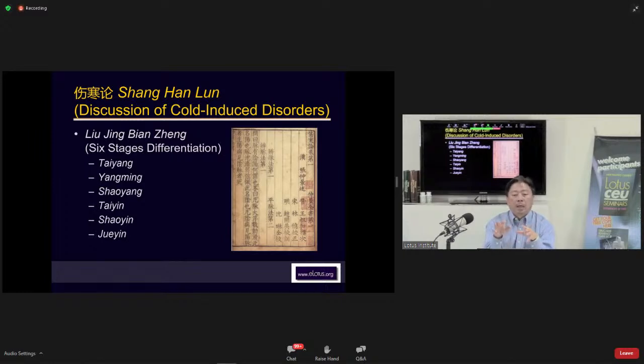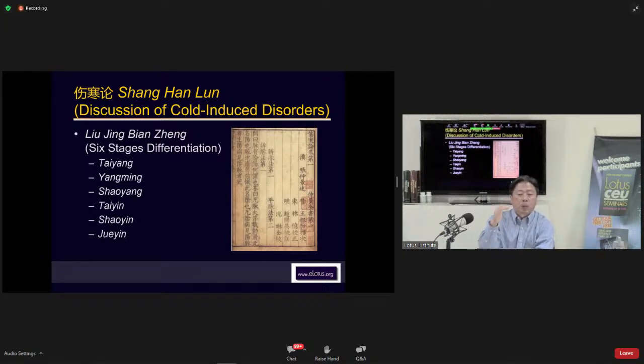Okay, so Sanghan Lun is more for externally contracted disorder, so infection, and Jin Gui Yao Lue is more for internally generated disorder. Okay, so for this particular class, we'll focus on Sanghan Lun. And according to Dr. Zhang Zhongjing, Sanghan is basically a theory that describes six stages of illness, from the exterior to the interior, from the yang to the yin, or more specifically, Taiyang, Yangming, Shaoyang, and then Taiyin, Shaoyin, and Jueyin.